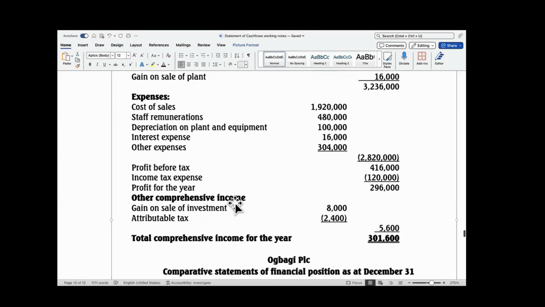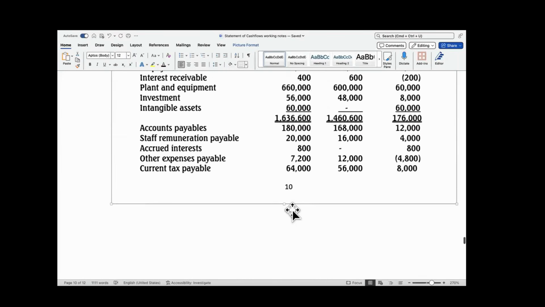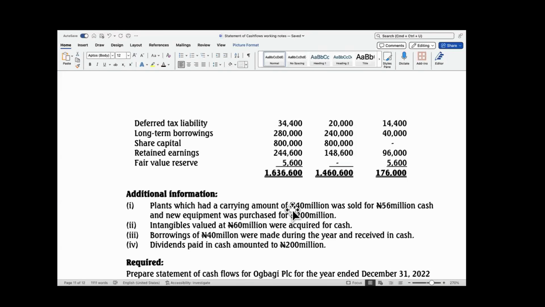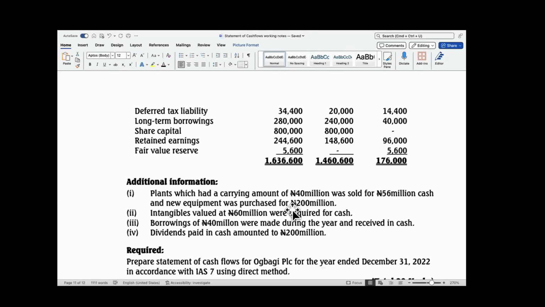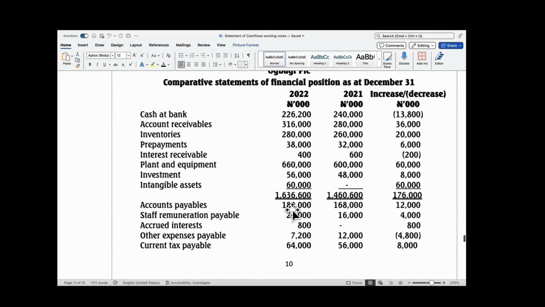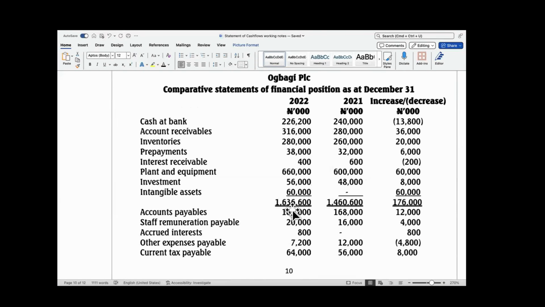So how come I'm having a gain on sale of investment here of 8,000? Does that mean they have sold that investment? For how much? And they didn't say anything around that, and it increased.